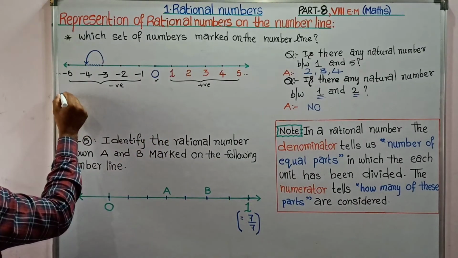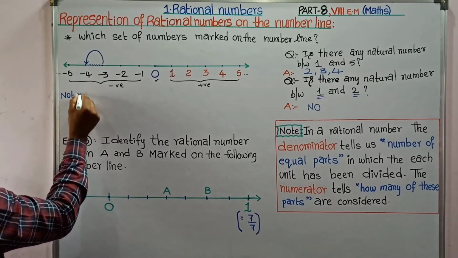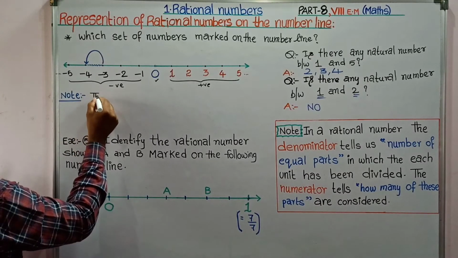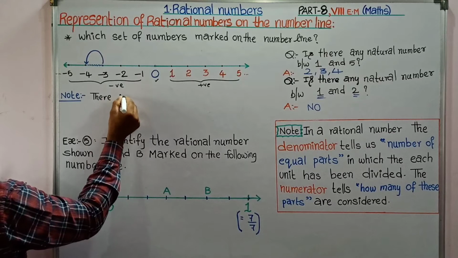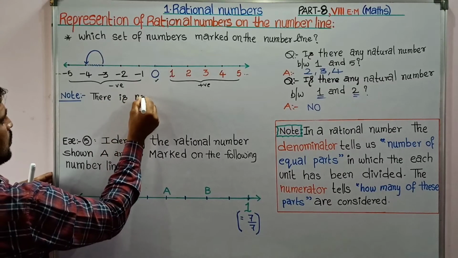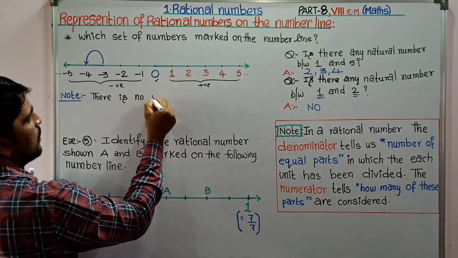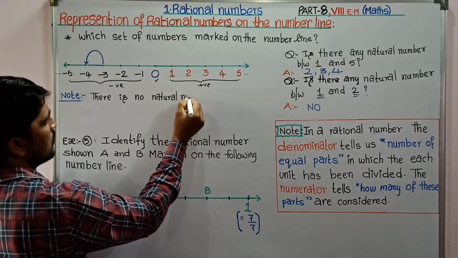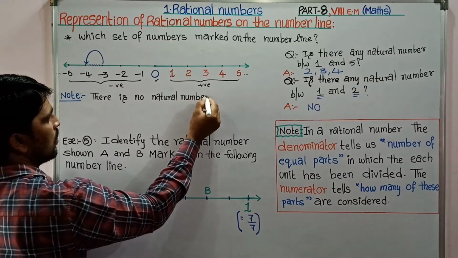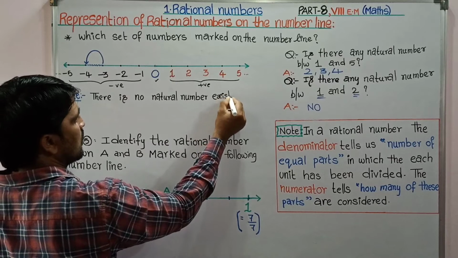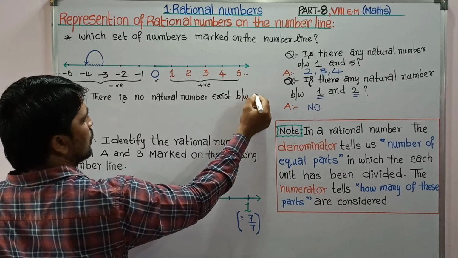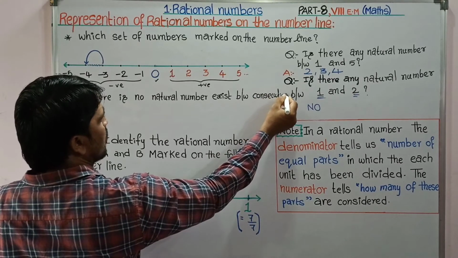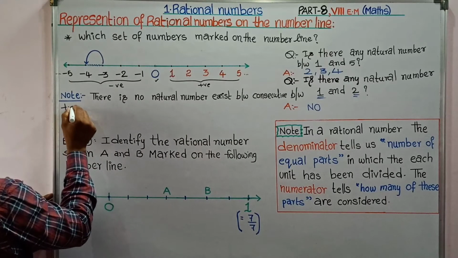That is, we make a note: there is no natural number between consecutive two natural numbers.